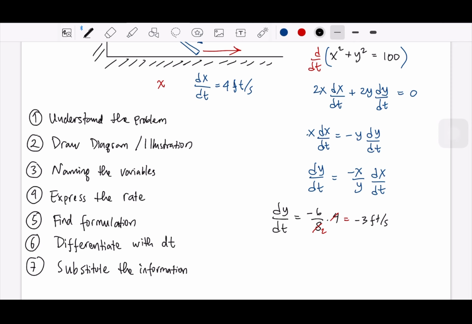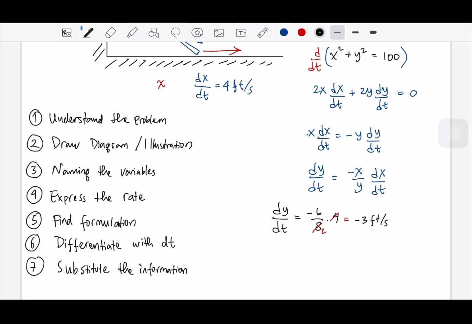Express the rate, which means which one is the one that is being asked, or maybe some information in the question, name that or express all the rates that is possible. And find formulations, how to connect all the related rate phenomena inside. Connect all, and then differentiate.